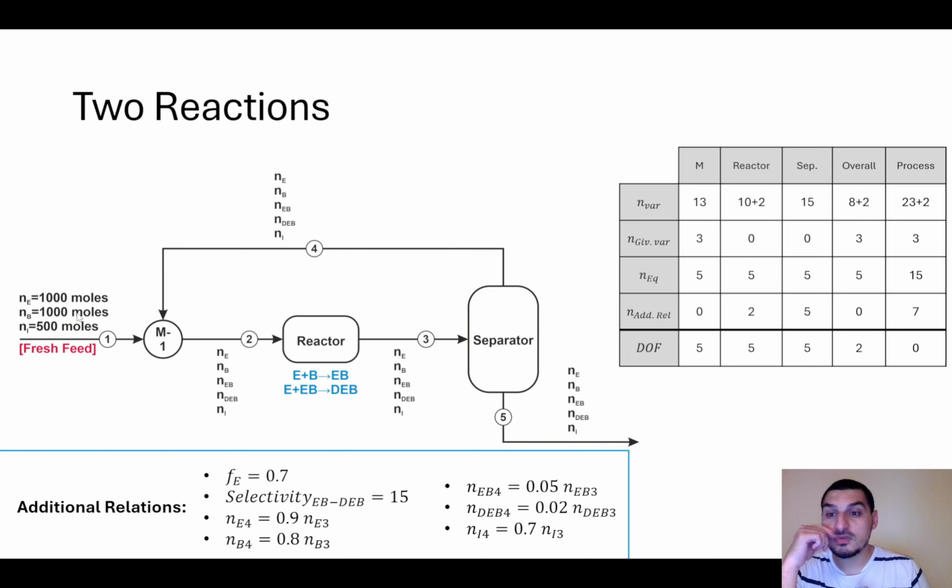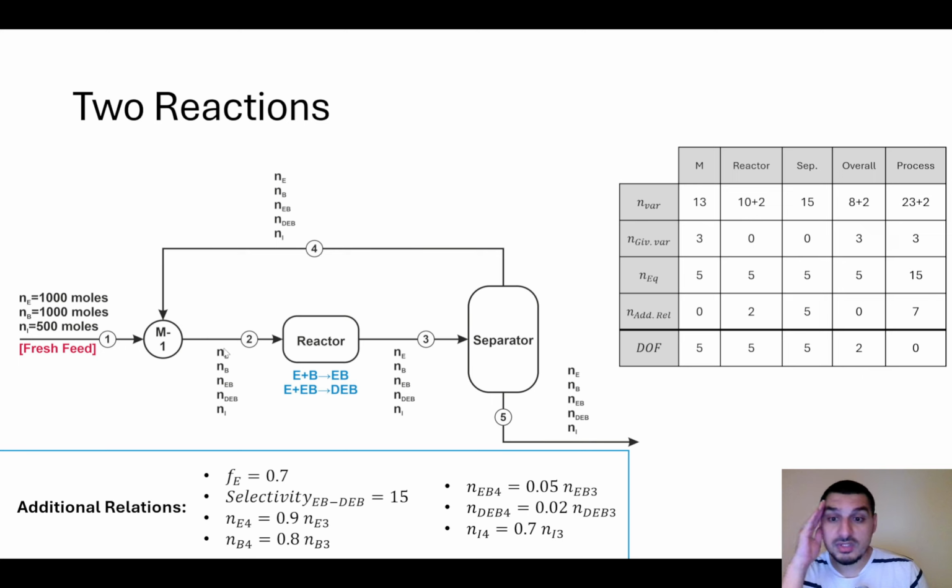For the process, we have 3, and this is 1, 2, 3, 4 streams. Each contains 5 components, so this is 20, and this is 3, so it's 23 plus 2. This is 25 variables. The given variables are 3. So the number of unknown variables here is going to be 22.